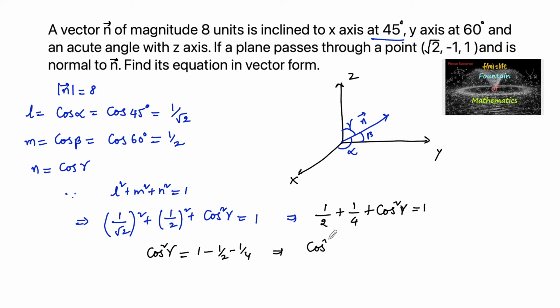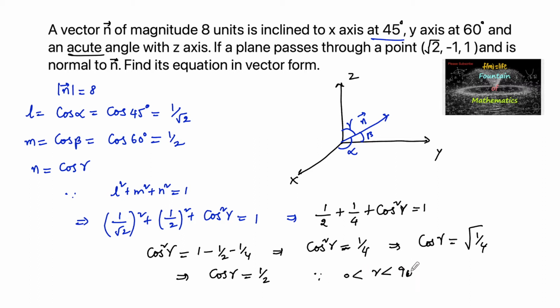So 1 minus half is half, half minus 1 by 4 is again 1 by 4, and so cos gamma is equal to the root of 1 by 4. Since it is given as an acute angle, it should be positive, because in 0 to 90 degrees cosine is positive, so cos gamma is equal to 1 by 2, since gamma lies between 0 and 90 degrees.